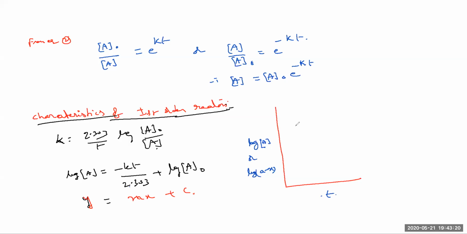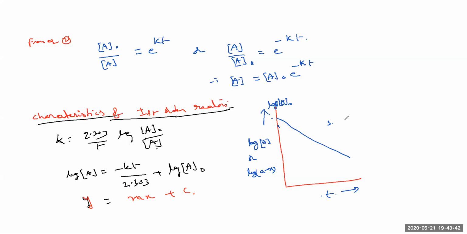What is the slope now? The negative slope will come. Here at this place is log a naught, starting at this point.